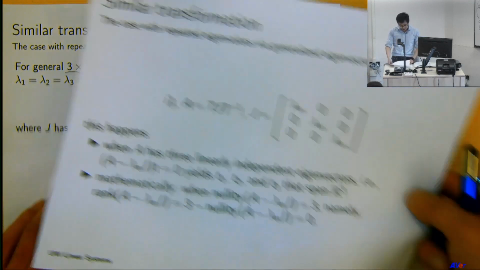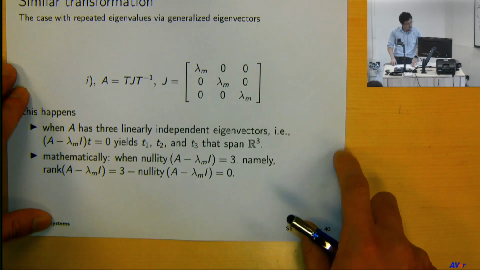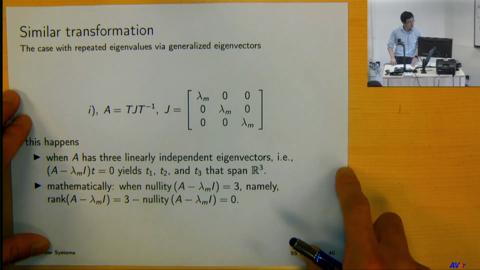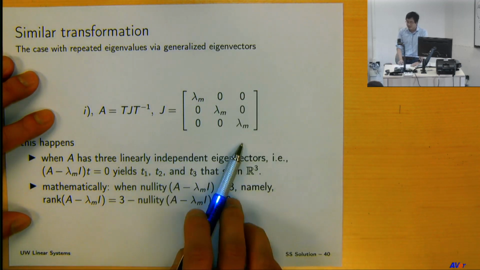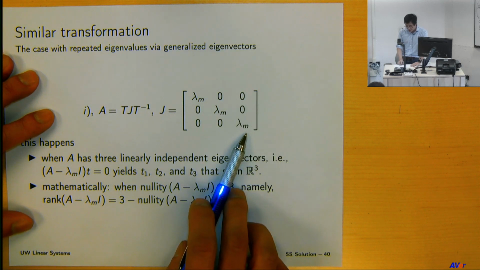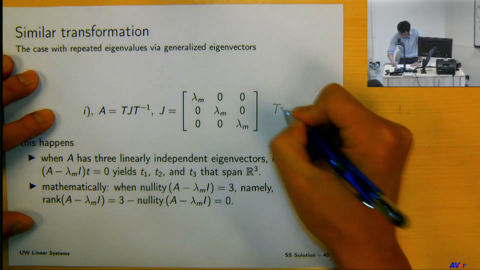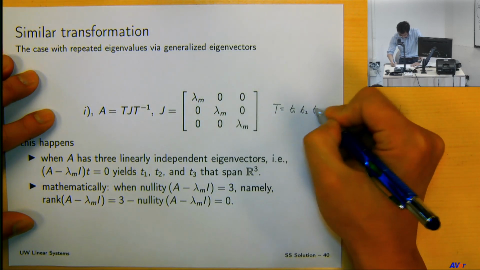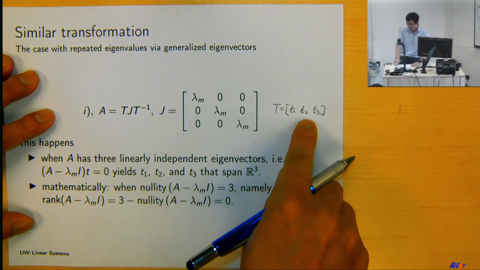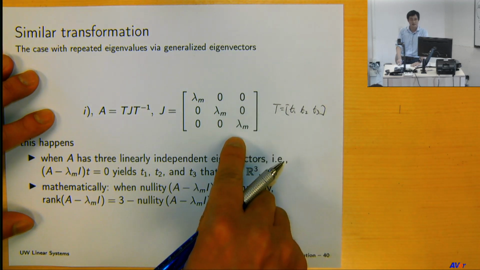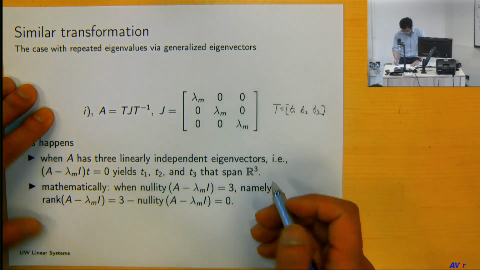All right, so let's do the most straightforward, the best case that we can get. This is a case where I have repeated eigenvalues, but in the meantime, I also have T1, T2, T3. I can compute 3 linearly independent eigenvectors from this eigenvalue. So let's take a look.